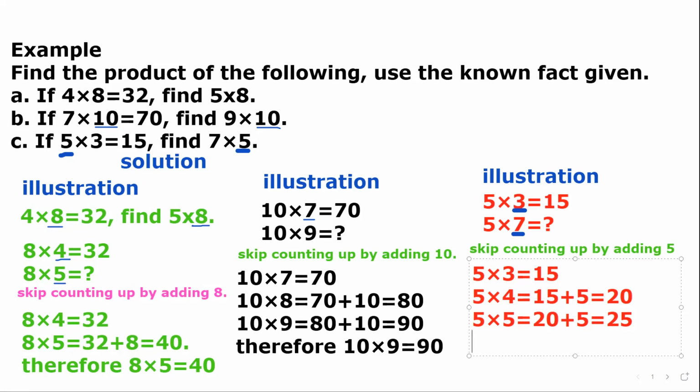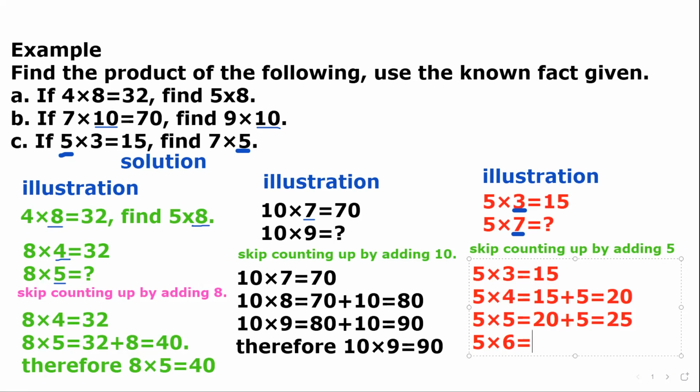We are still moving towards the 7. You'll be passing through all the numbers after the 3. So here will be 5 times the next immediate number, from the 5 you move on to 6.